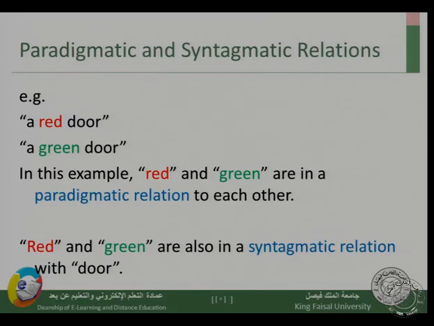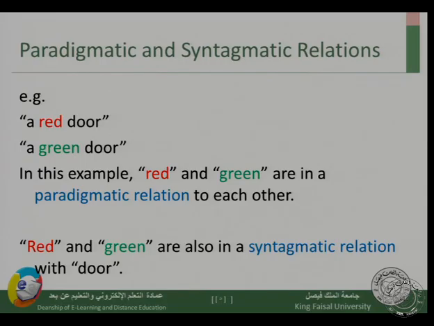Red and green are also in a syntagmatic relation with door. So red door, green door, red and door are in a syntagmatic relationship with each other. So we look at them horizontally in the same sentence. Green and door are also in a relationship called the syntagmatic relation, and we will see in the next lecture an example of a syntagmatic relation.